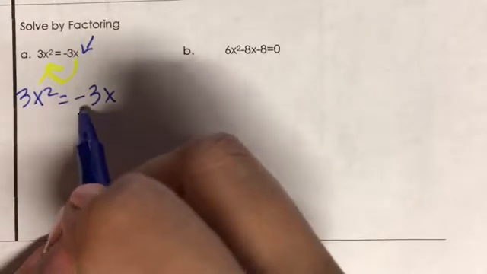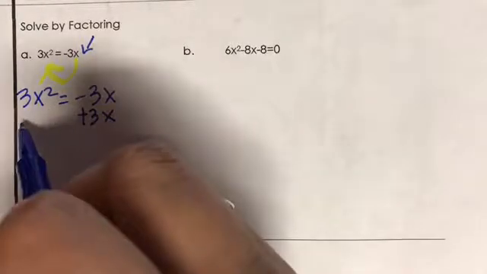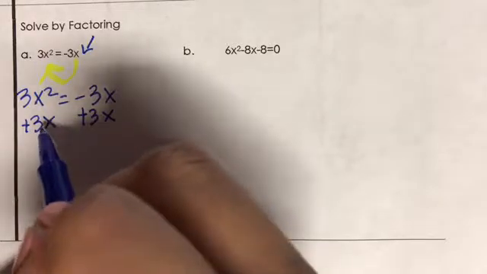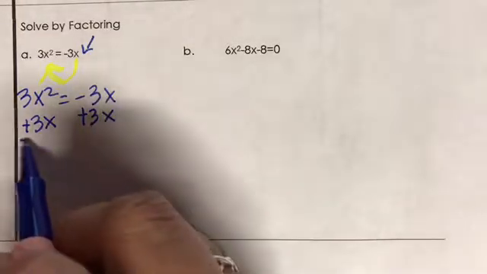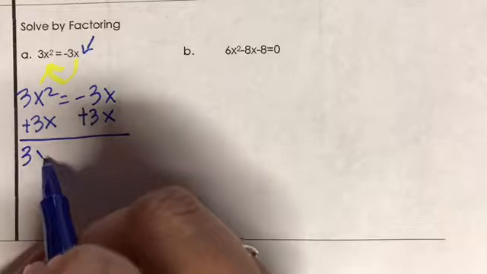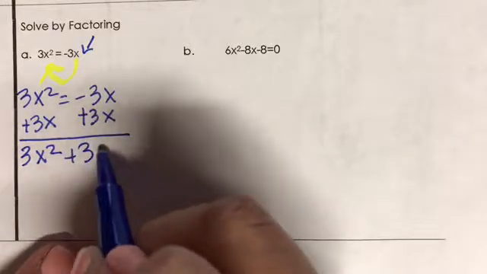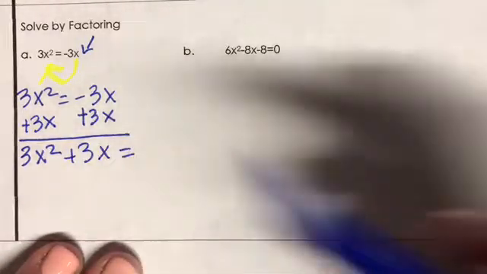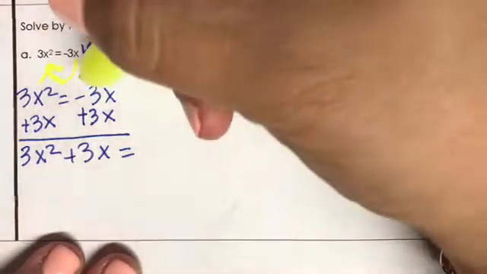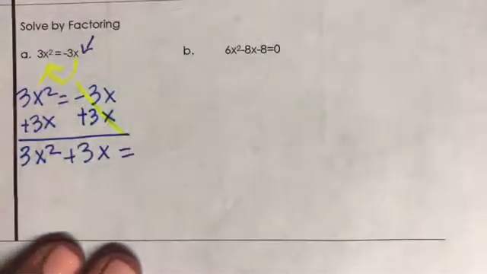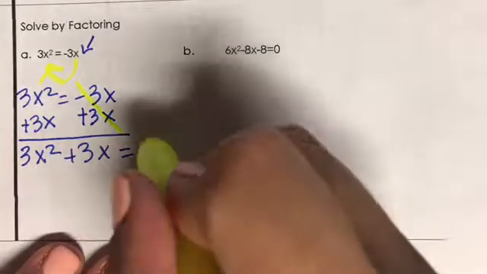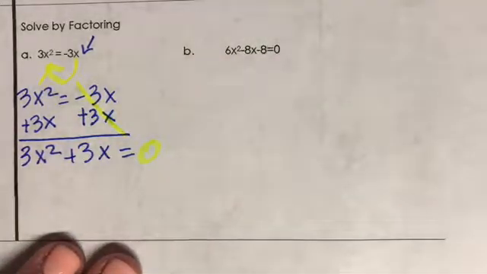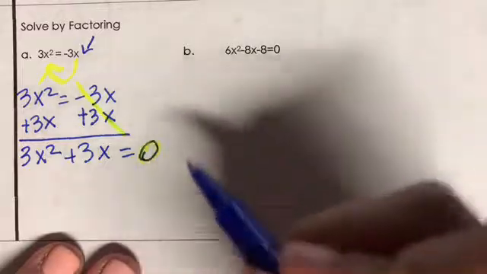And since this is negative, we're going to add 3x to both sides. There's nothing that it can be combined with, so we're going to say 3x squared plus 3x equals, well, when I add these two together, they add to 0. And now we can factor.